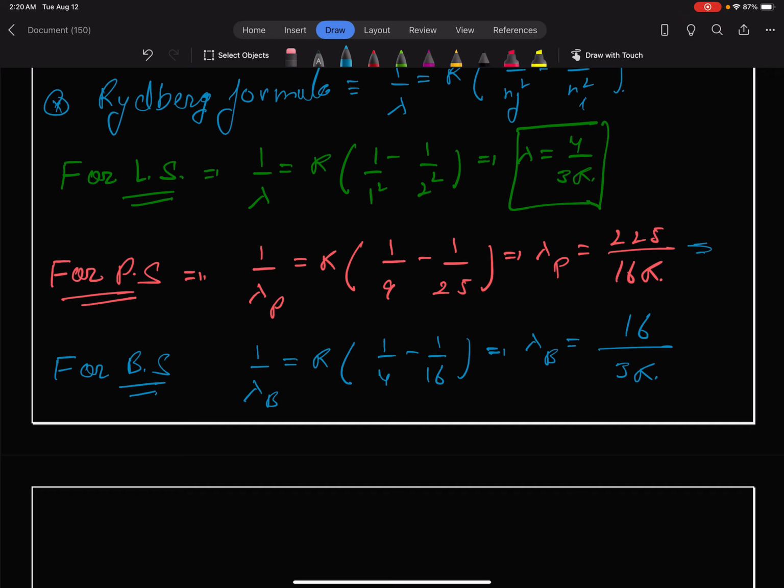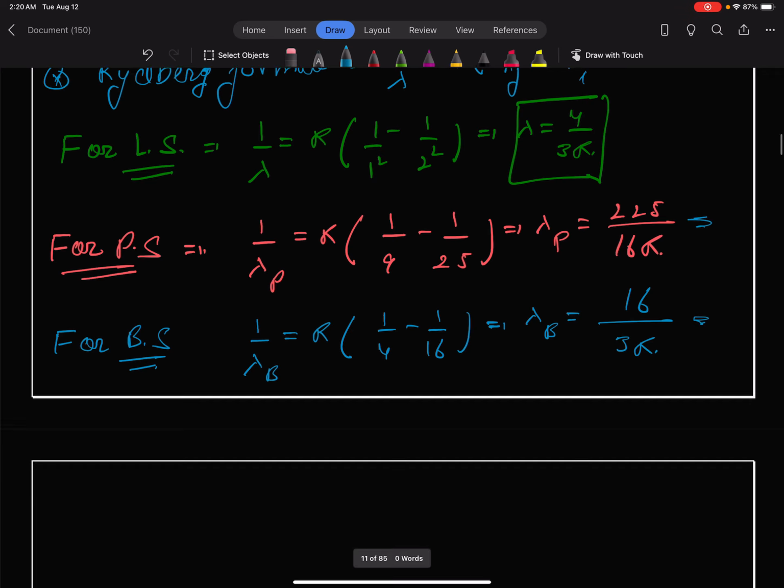The difference between these two wavelengths is given to us as A lambda.